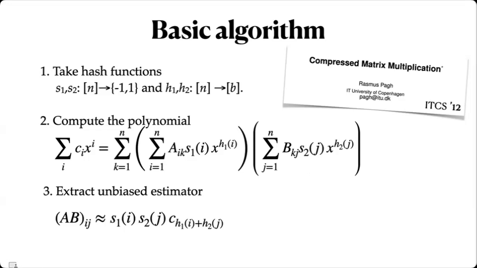Here we think about it as a matrix product, which in turn can be thought of as a sum of outer products. And now the idea is the following. I hope you can see my cursor. We can think about a count sketch as a polynomial.